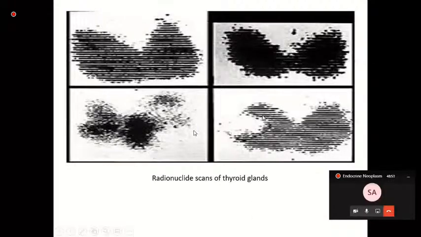In this case, maybe it is what? Neoplasm.